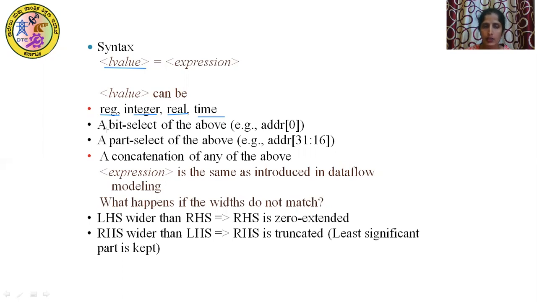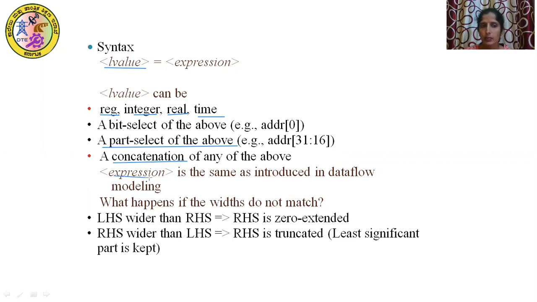All these can also be chosen as a bit select of the register, integer, real, or time, or a part select of the above, that is, a part of a register, part of an integer, part of a real, or time. It can also be a concatenation of all the above.